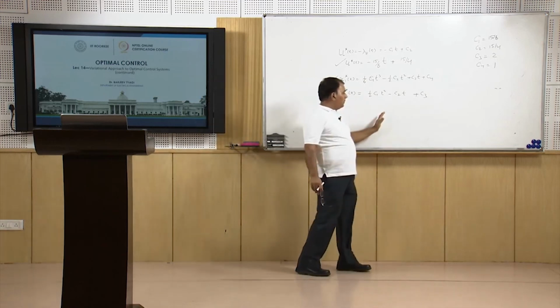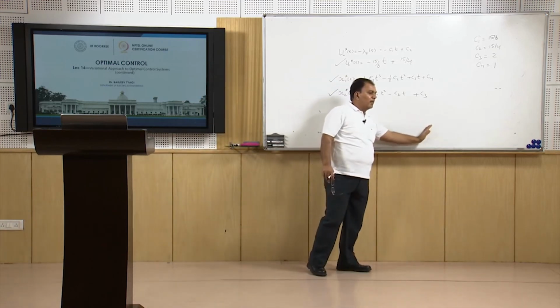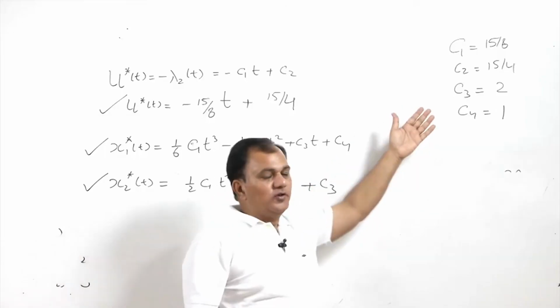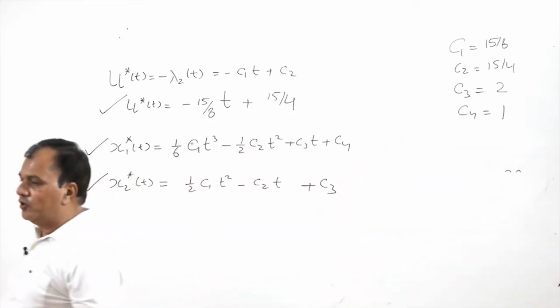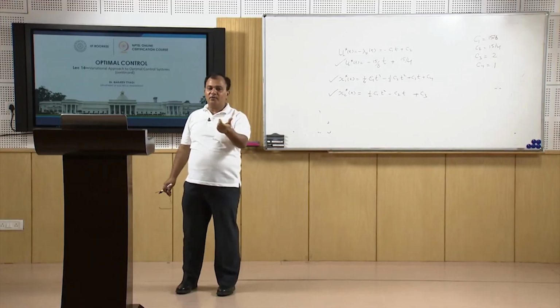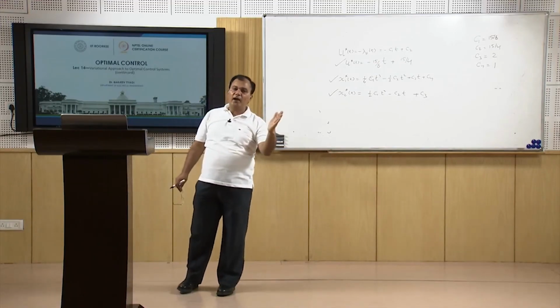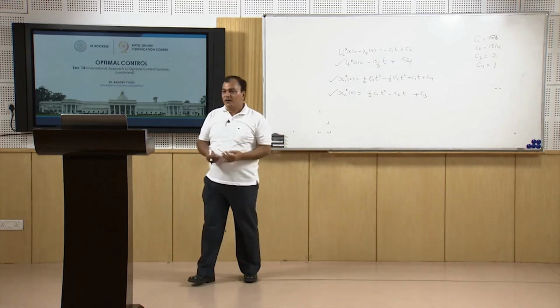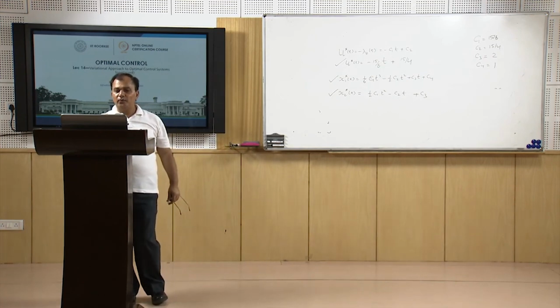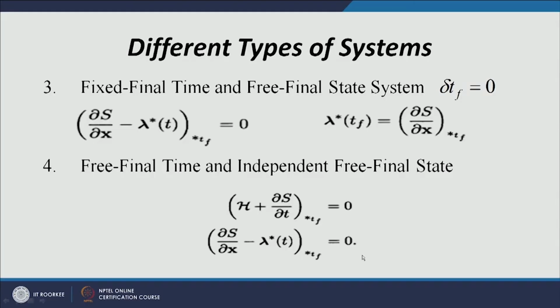Now, depending upon the final conditions, my values of C1, C2, C3, C4 can change. So, different boundary conditions can be taken. As we have discussed the 4 cases, we will end up with different types of conditions. Like the case 1, 2, 3, 4, these equations can be utilized to determine the coefficients.